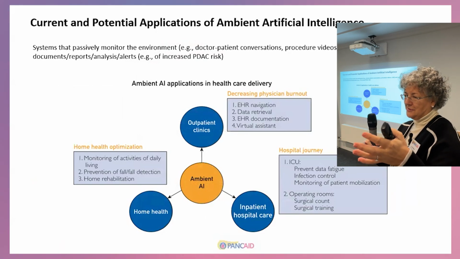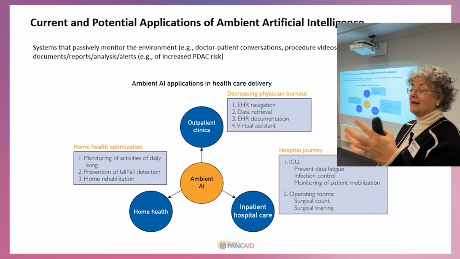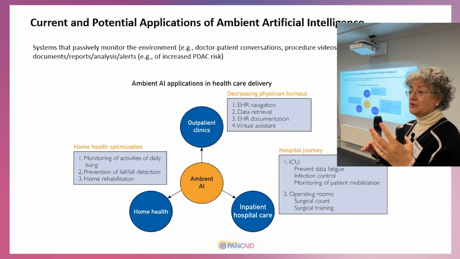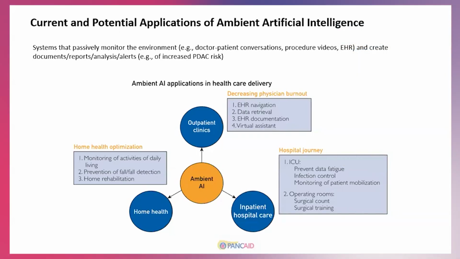It takes information from the ambience, analyzes it, and can provide a predictive alert, for example, to old people at home, or to decrease physician burnout, or in the hospital journey, both in the emergency room and the ICU, or in the operating rooms, with some notes and information on that.